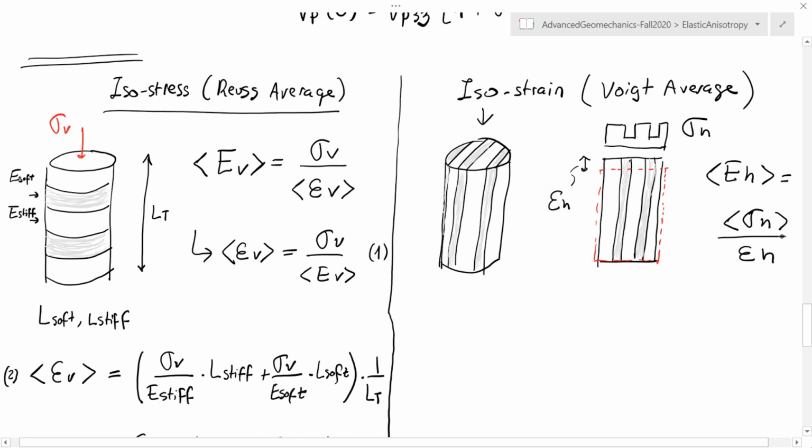So what we're going to have to do now is calculate what that horizontal stress is going to be. All right, so let's see.